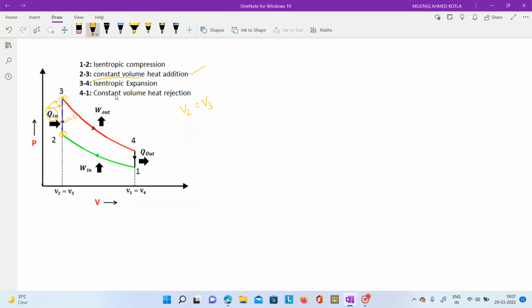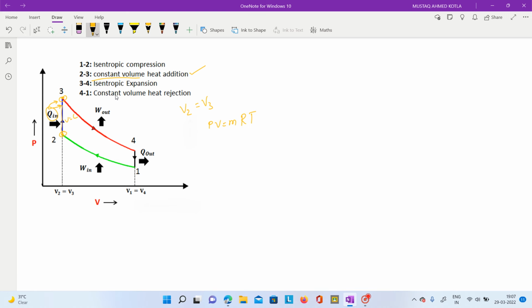You may ask me, if V is constant, what can we find? Right, we know PV equals to MRT. MR you can write as N in some books, no problem. I will consider M; M is mass, N is number of moles. Whatever they have given in the question or in your lectures, please follow that to get rid of confusion.